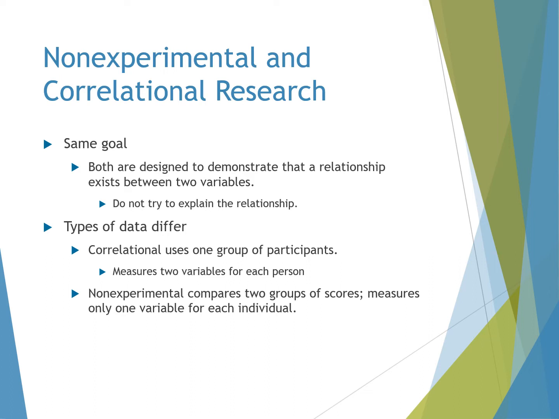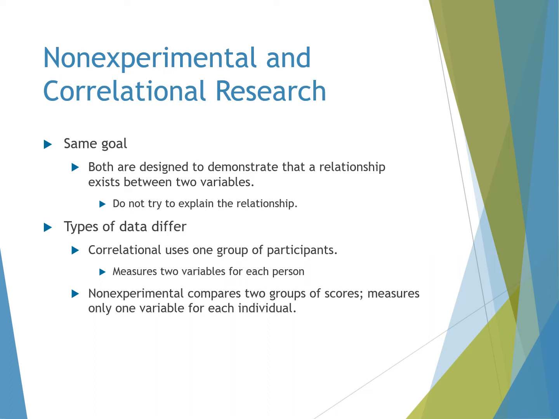So these are similar to correlational studies in that they try to identify whether there's a relationship between the variables without explaining it. However, the types of data differ. So with a correlational study, we're using one group of participants, and each participant is providing us with two variables, two pieces of information.